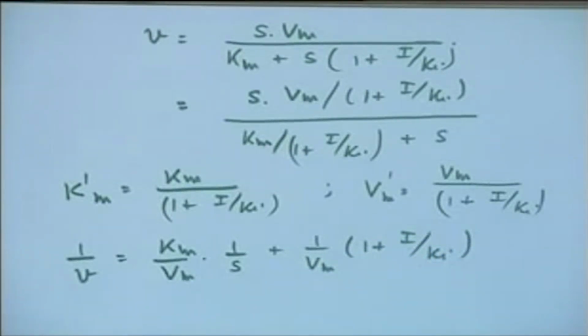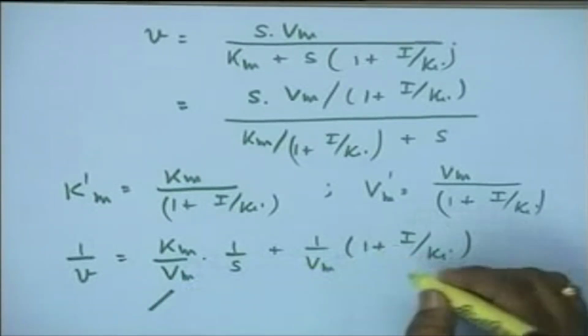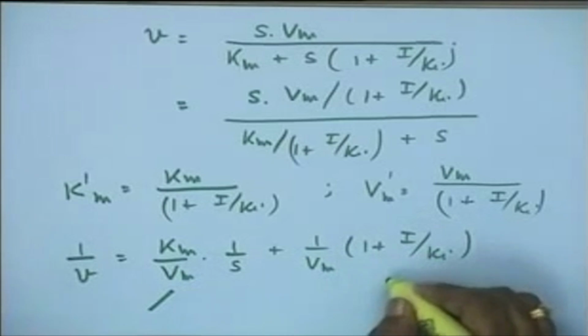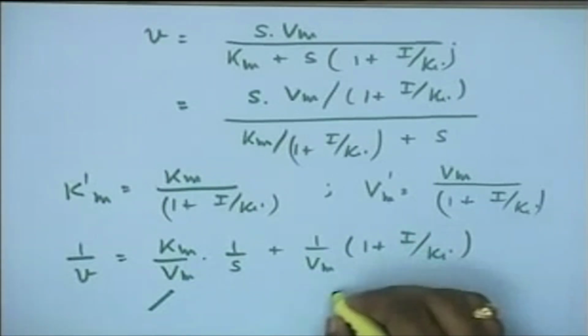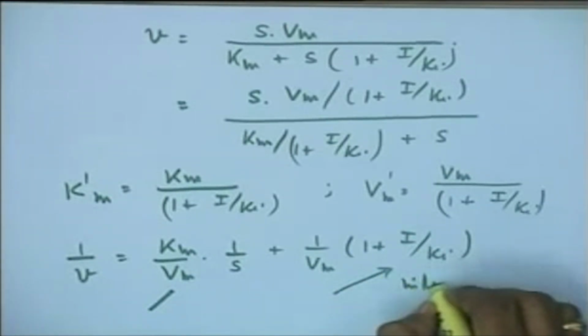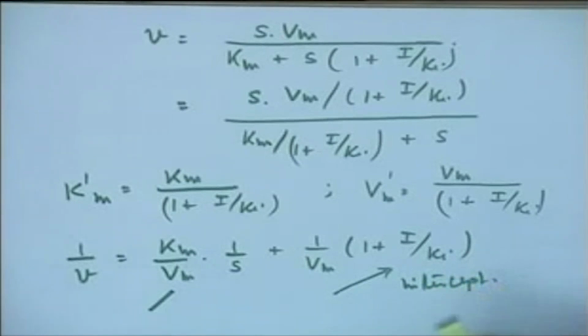Therefore, you will notice that the slope remains unaltered, but the intercept 1 upon Vm on the y axis is increased by a factor of 1 plus I over Ki.